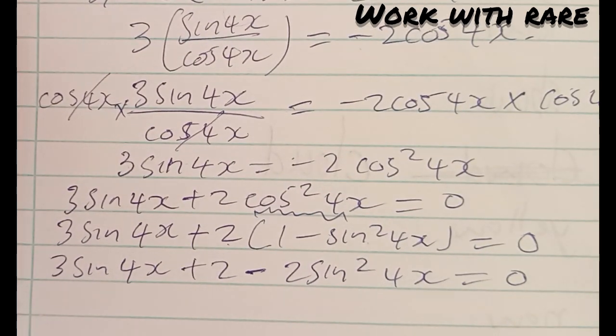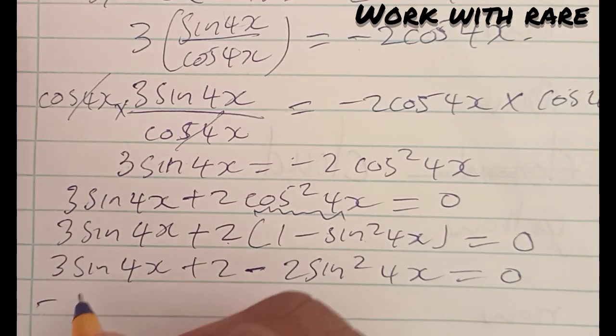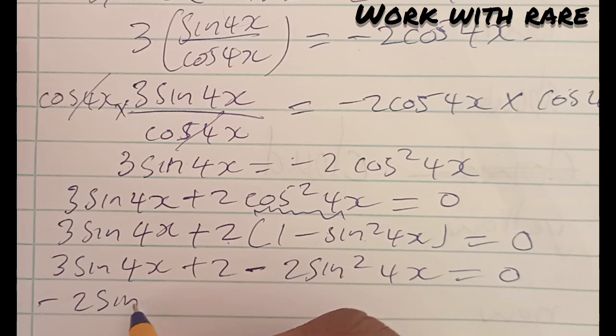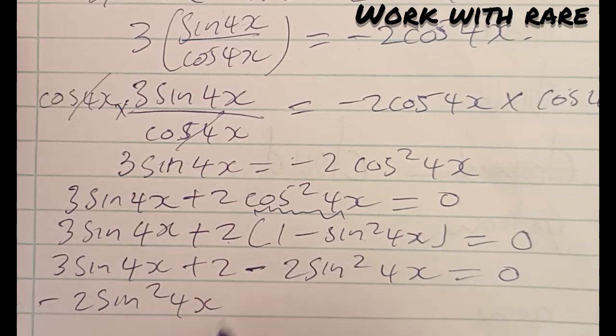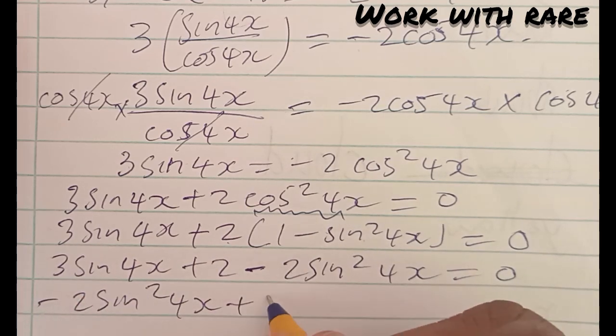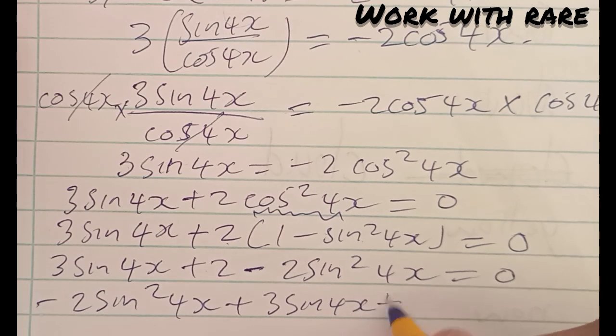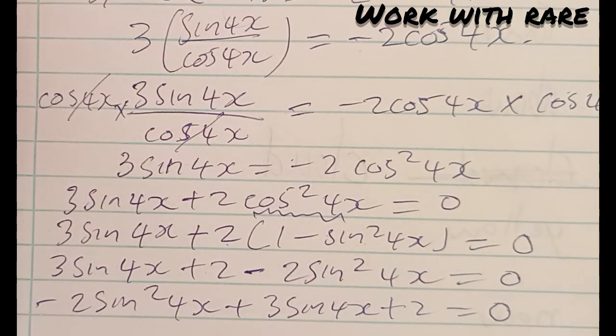But I should put this in a standard form. So when I put it in a standard form, I will say negative 2 sine squared 4x, and this one will follow, remember it's positive, and here it's positive, you see.